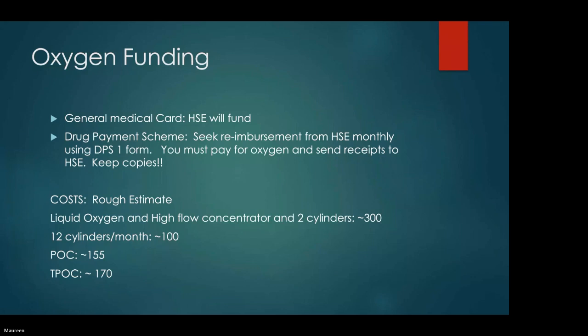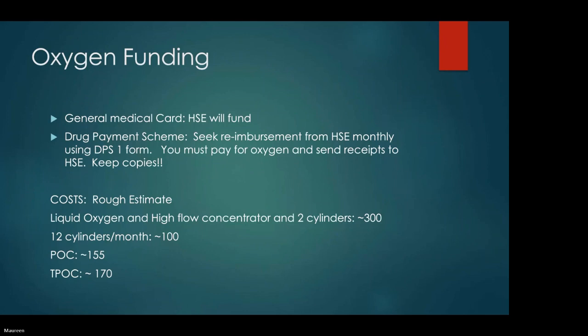Now, my understanding is the oxygen supply companies are now doing this by setting up direct debits, which they will take from people monthly. But you can reclaim the monies that you've paid from the HSE on the DPS1 form if you're above the monthly threshold, which to my understanding is about €85 now, but I'll stand corrected on that.